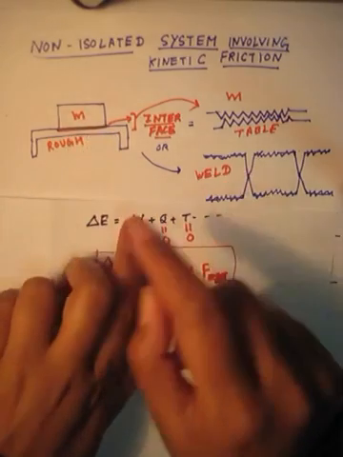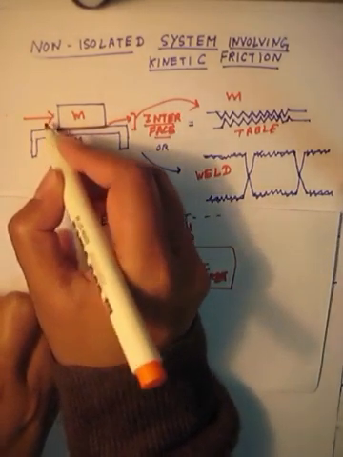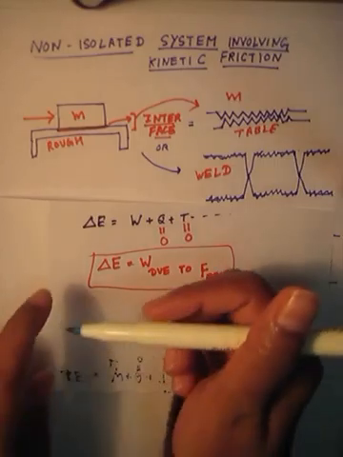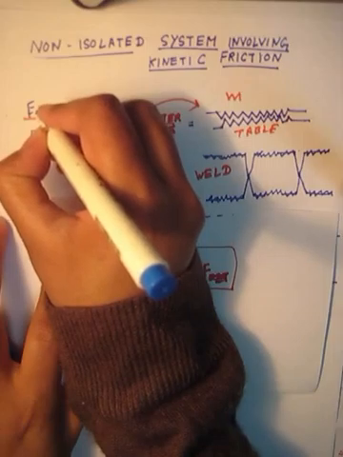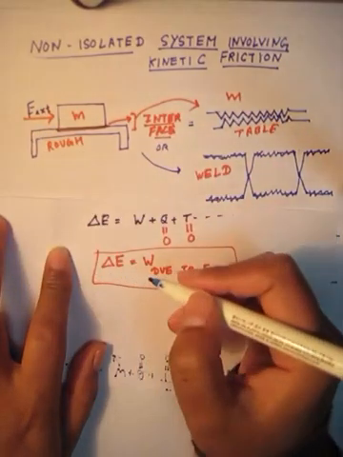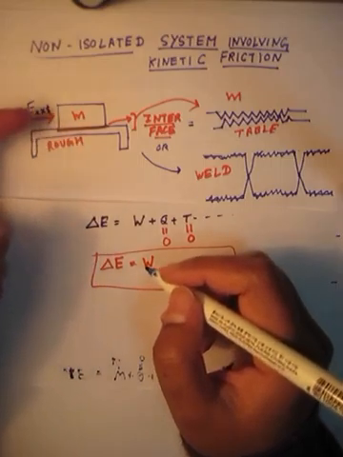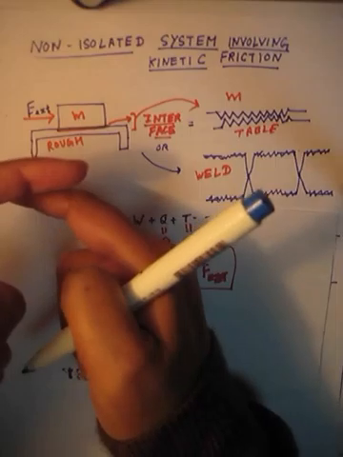And now let us say that we apply some external force on this mass. So it means that the mass will move in this manner, but there is friction which is acting in the opposite direction.